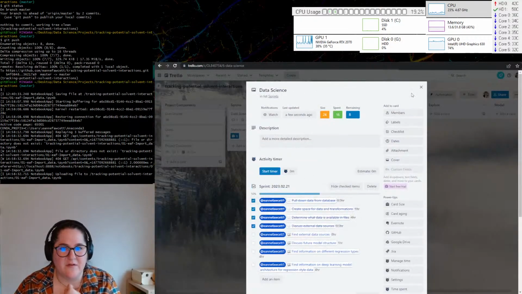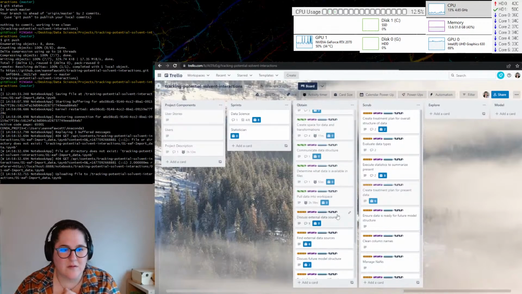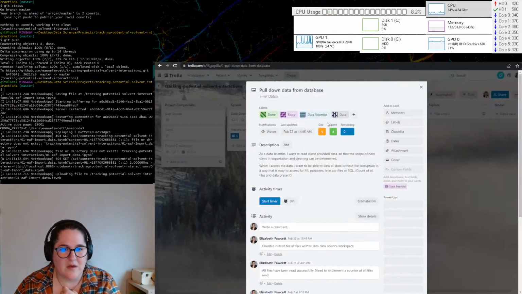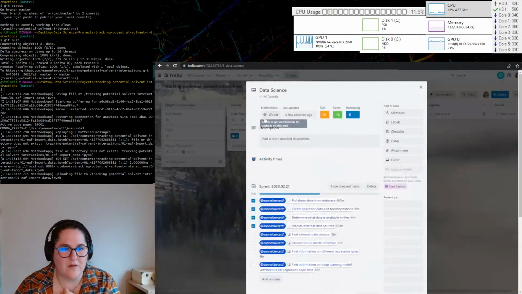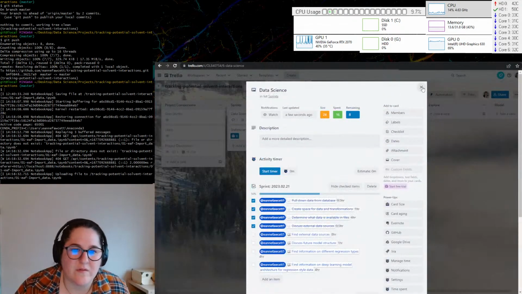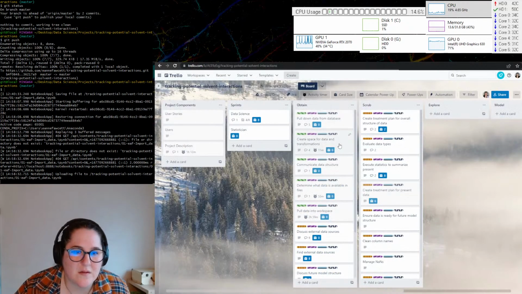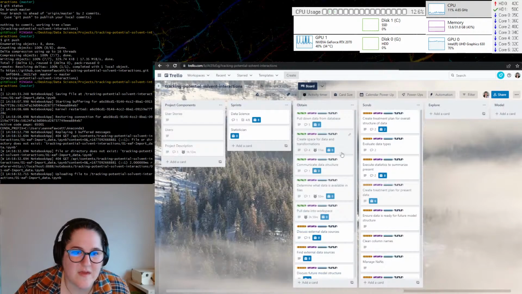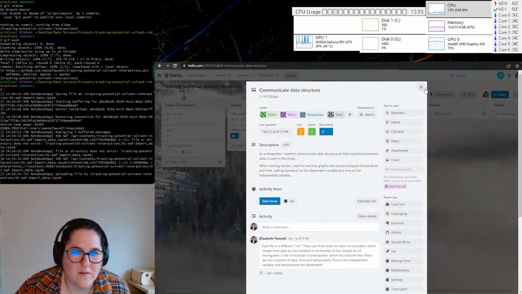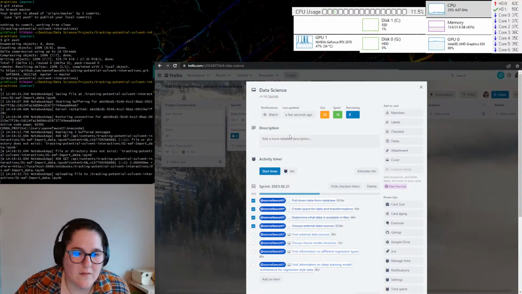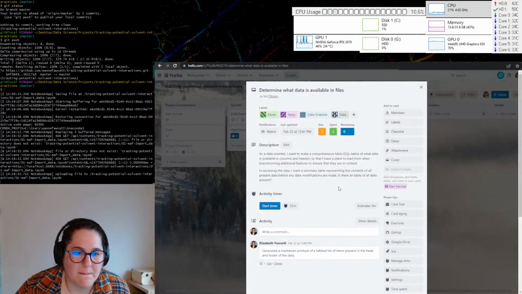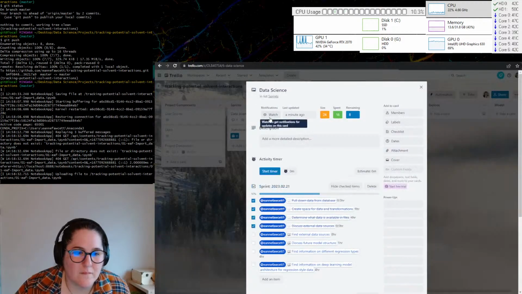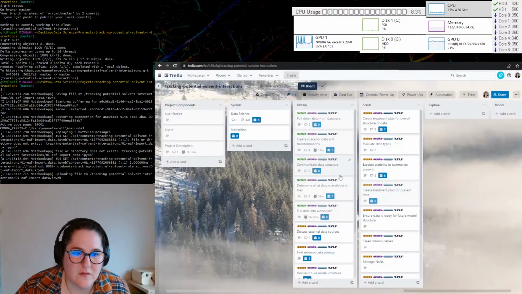Story points, pull down data from database. How many story points did we give that? 4. Hold on. So 20.